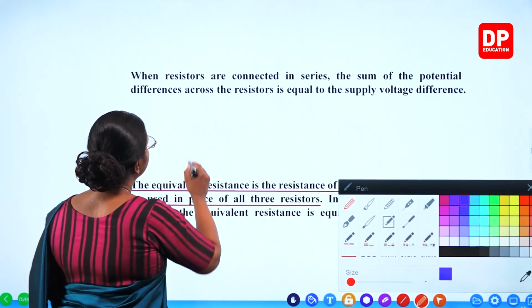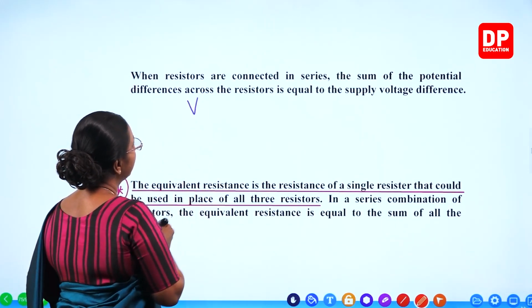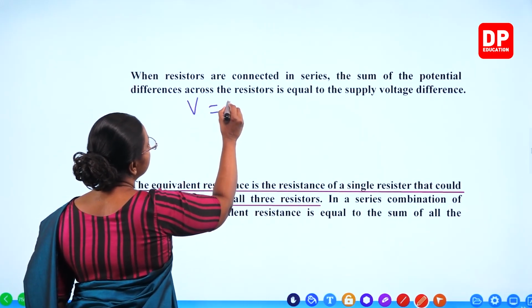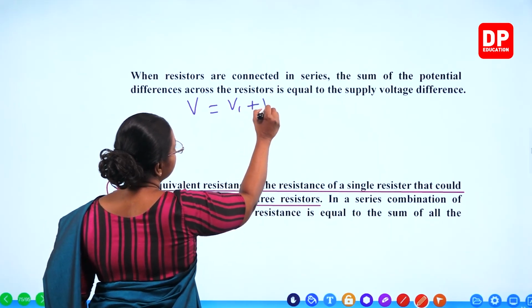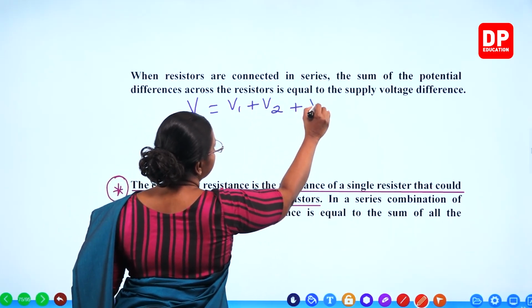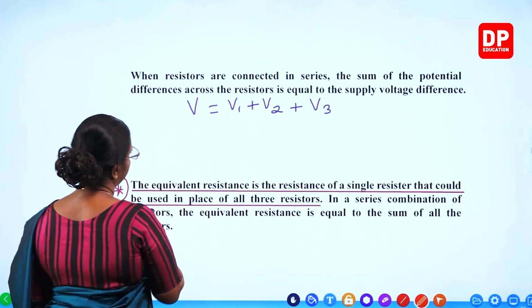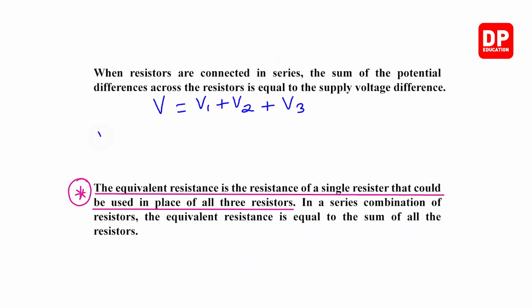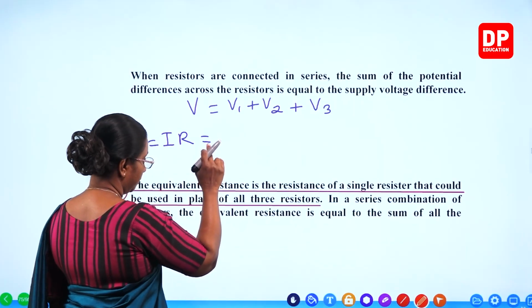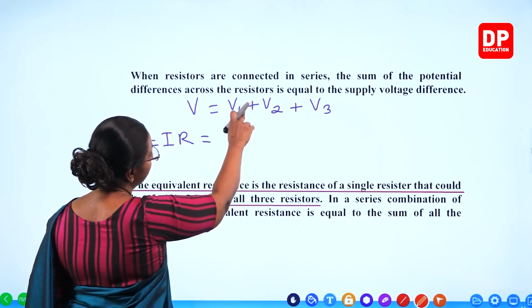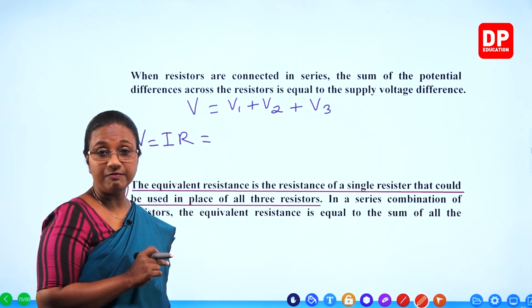So according to this, potential difference V is equal to V1 plus V2 plus V3. That means from V equals IR, you can remember, students, we already wrote the equation for V1.